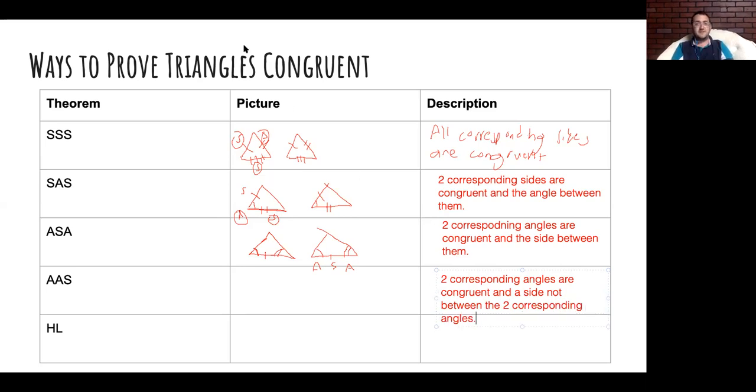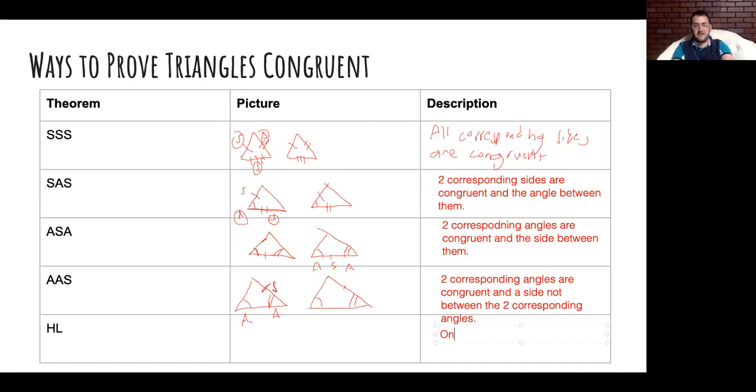So in other words, if I were to draw a picture of that situation, maybe I have an angle and another angle, and then a side that is not between those two angles. And that's why it's called AAS. And then last but not least is HL.